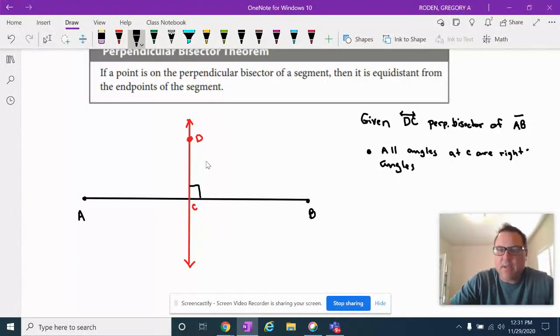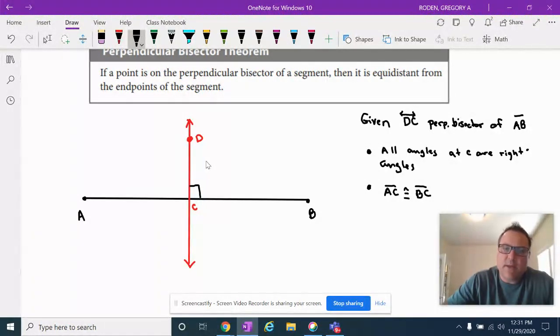What else do I get? Well, I also get a very important piece of information: AC is congruent to BC.